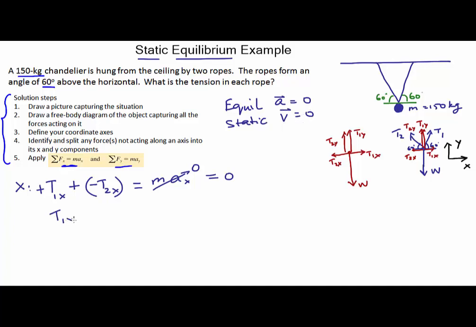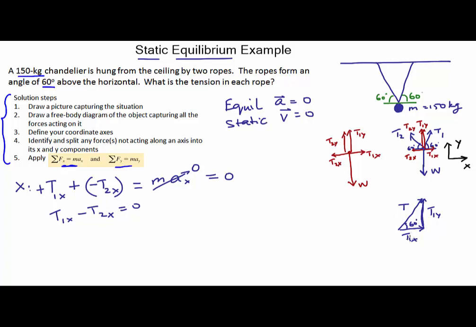So this simplifies to T1x minus T2x equals 0. And since I'm interested in finding the tension and not the components, let's write these components in terms of the tension and the angle that was given to us. So here's T1, here's T1x, here's T1y, and this angle is known to be 60 degrees.